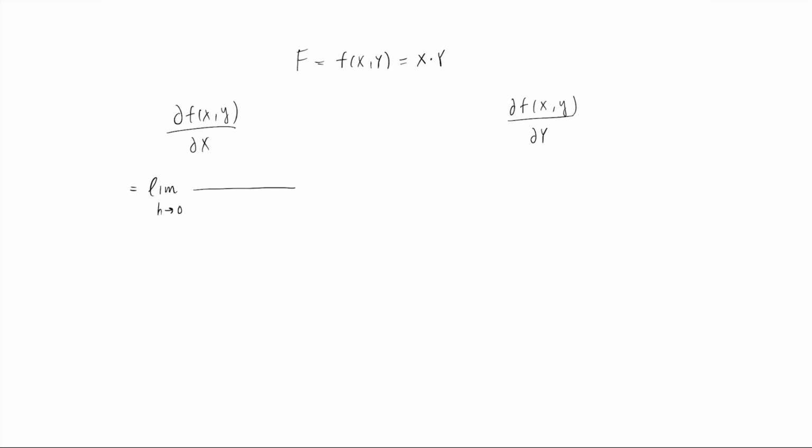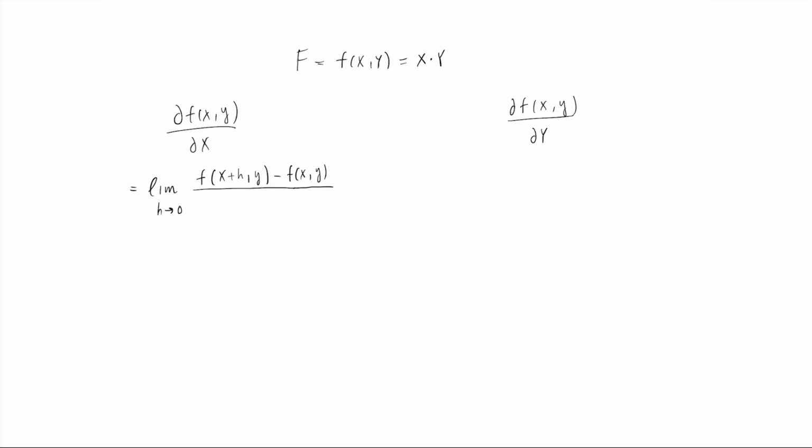We have f, but this time, since we are looking at the derivative of the output in terms of x, x will be the only variable which we will increase by this amount h. So it will be f of x plus h, comma y, minus the original function, f of x, comma y.